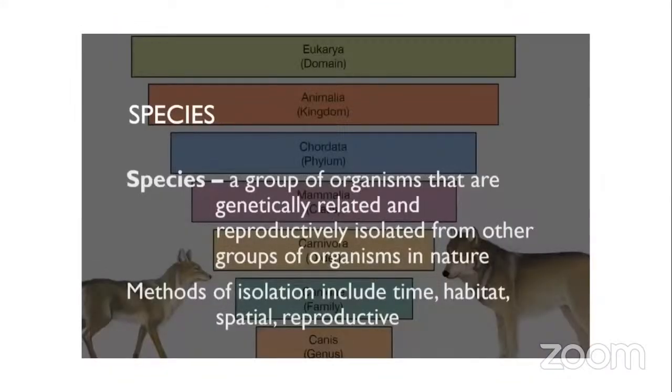Here is the definition of species: a group of organisms that are genetically related but reproductively isolated from other groups of organisms in nature. And that method of isolation could be time, habitat, spatial, reproductive. So here is an example in the background.